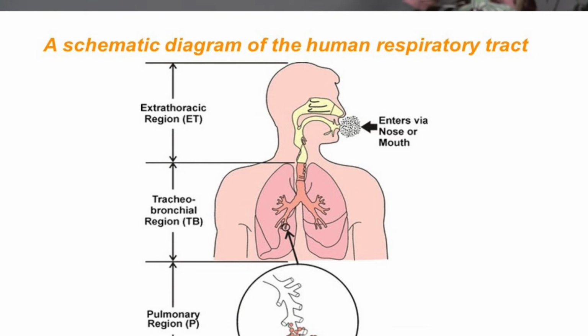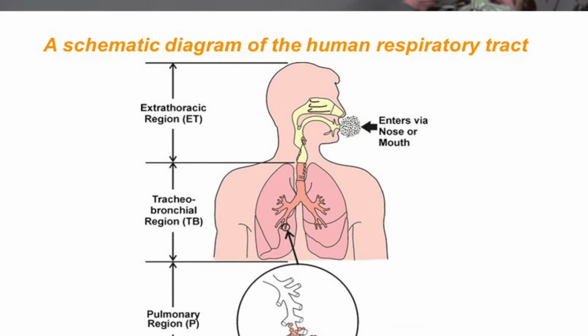The upper area, extrathoracic region, or nasopharyngeal region, those 2 terms are used, describes the area through the nasal passages and the pharyngeal region.